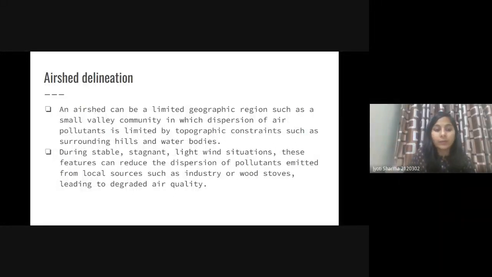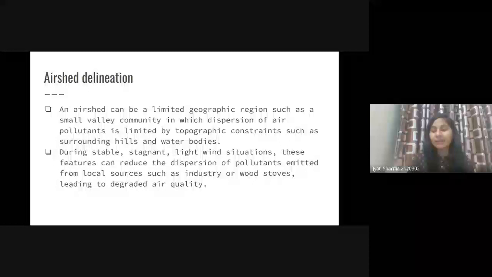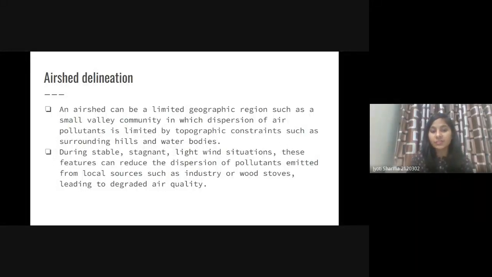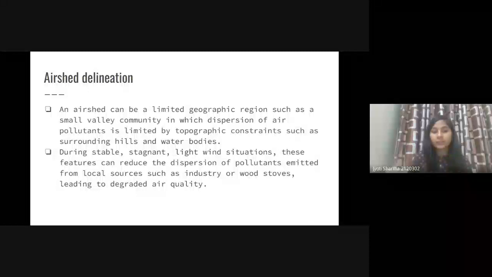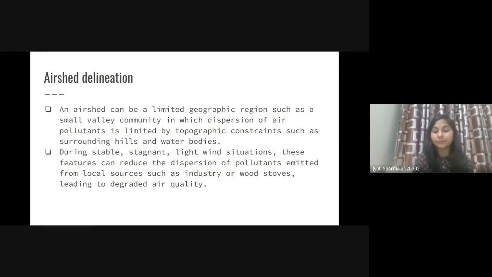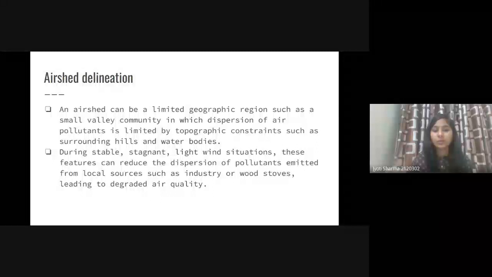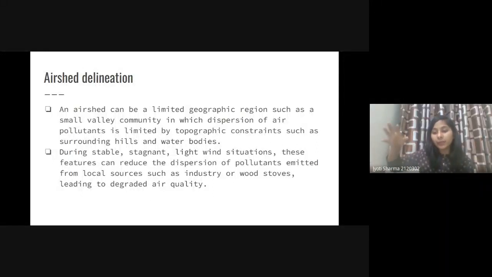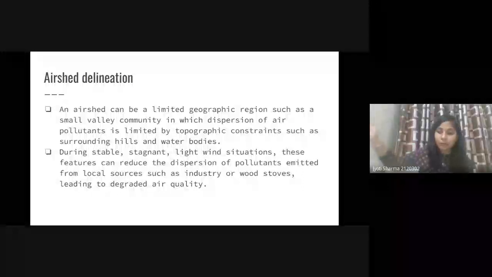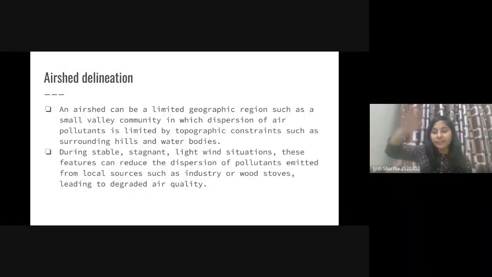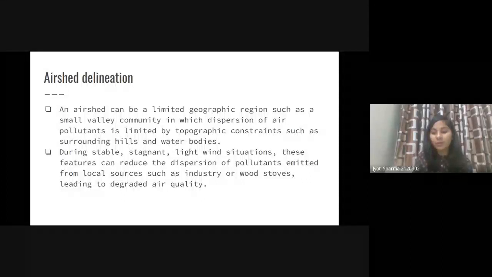Here the airshed can be a limited geographic region such as a small valley community in which dispersion of air pollutant is limited by topographic constraints such as surrounding hills and water bodies. Whenever you are burning chulas or something, this pollutant will not disperse out of your valley, but will be confined within that valley.